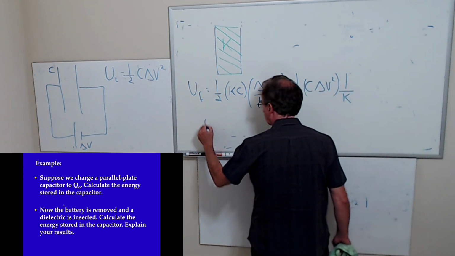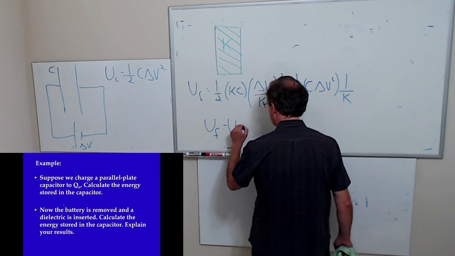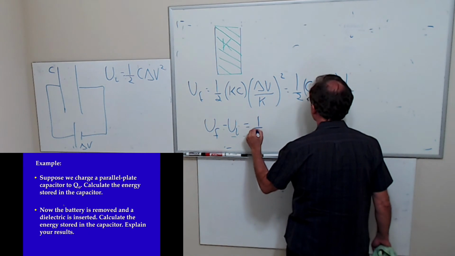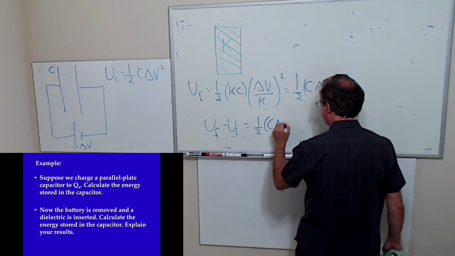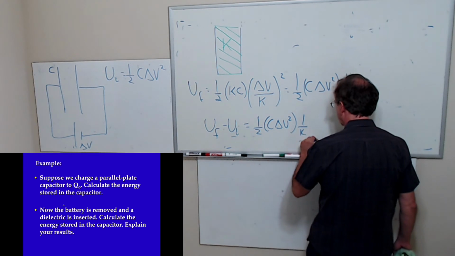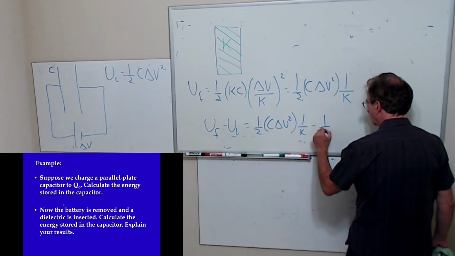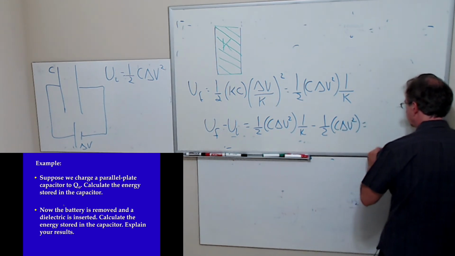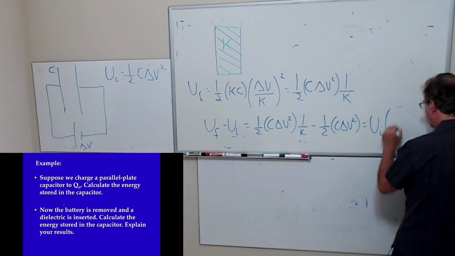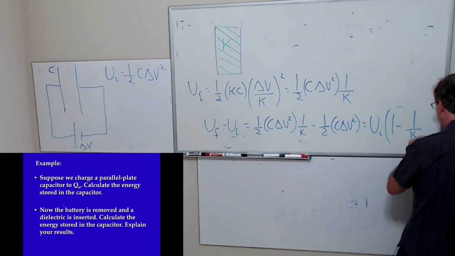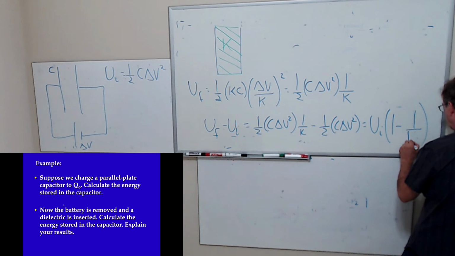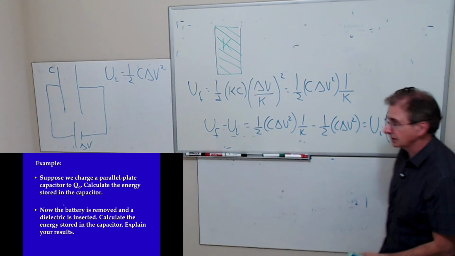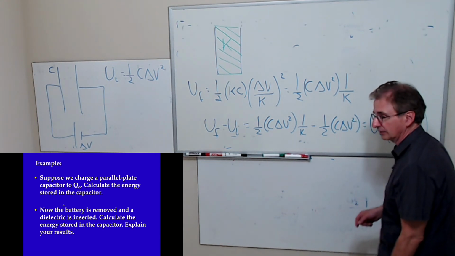So U final minus U initial is going to be this term minus that term. I have less energy stored. It's decreased. So why is that?